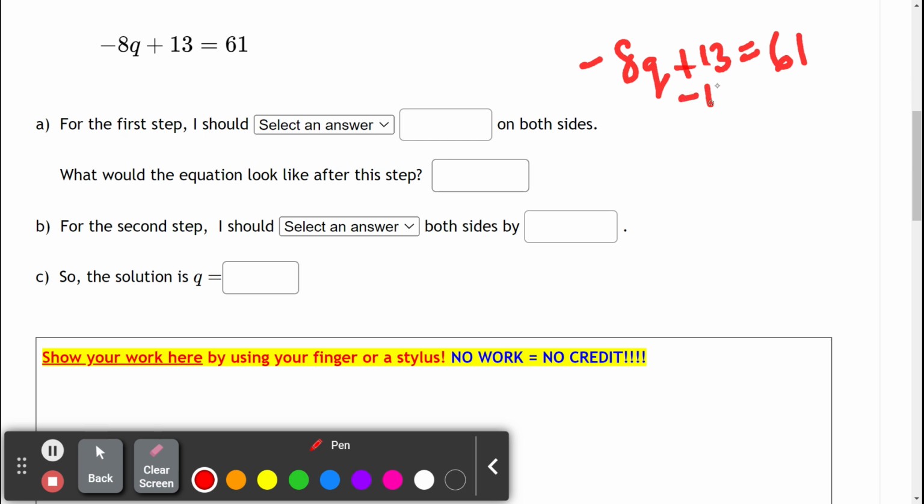And my first step is to subtract 13. And what do I get left? I get negative 8q is equal to 61 minus 13, which is 48.